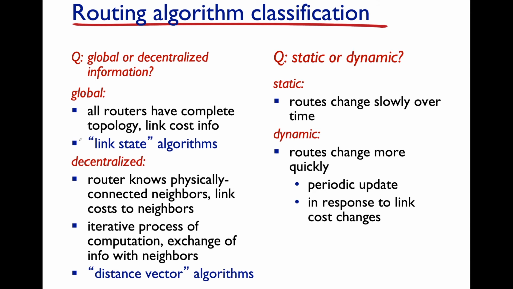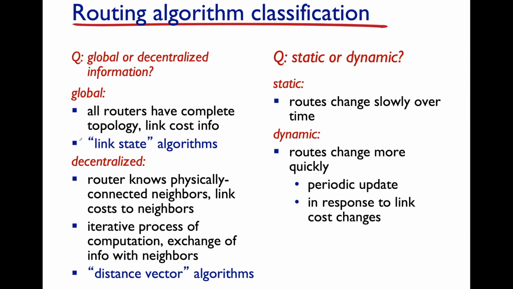And so there's an iterative process in these distance vector routing algorithms where routers that share a link exchange link information. You tell your neighbor, and your neighbor tells its neighbor, and so on. And so these distance vector routing algorithms eventually converge to an understanding of the path cost across the network.